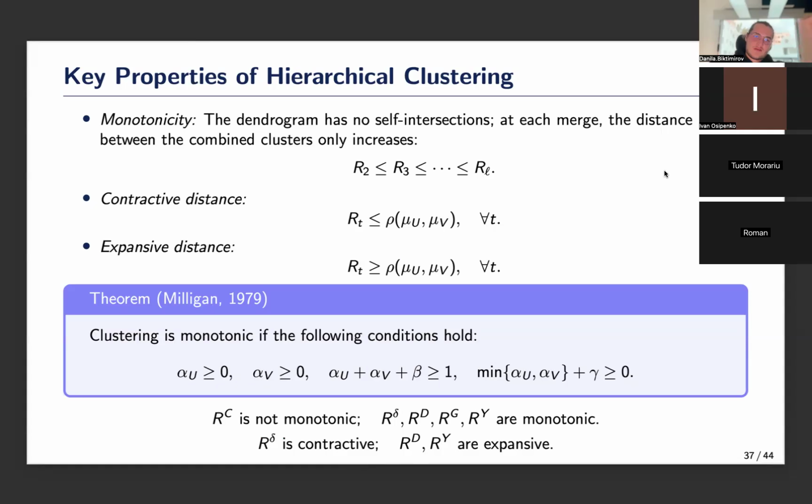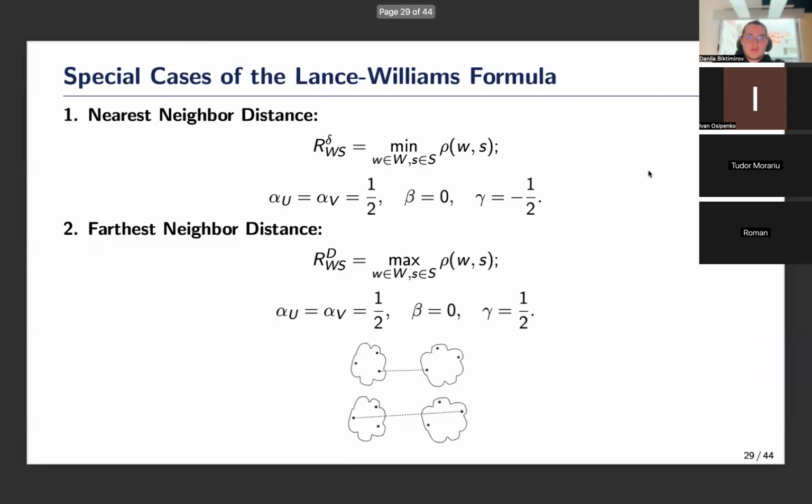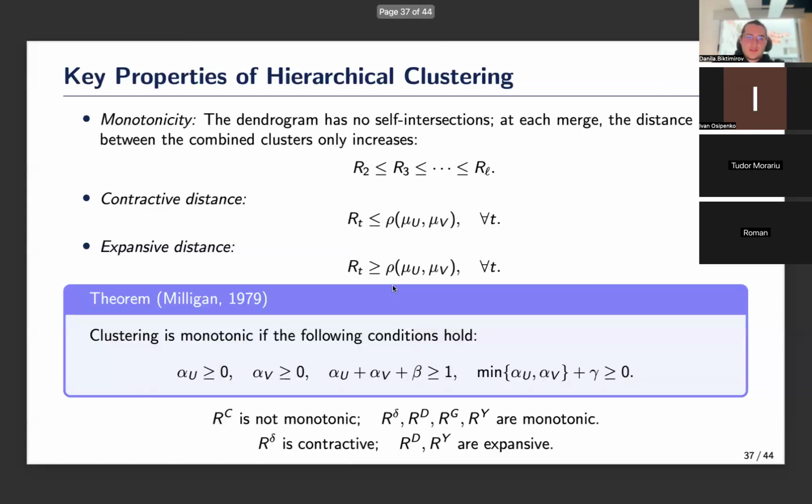There is Milligan's theorem that clustering is monotonic if the following condition holds, depending on the coefficients in the Lance-Williams formula. We can just look at those coefficients for all distances and see that the distance for centroid is not monotonic, while all the others are monotonic.